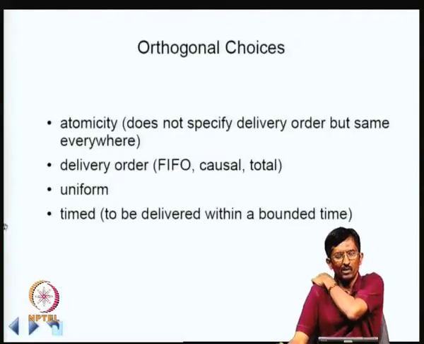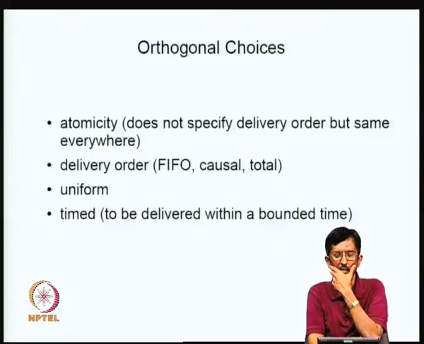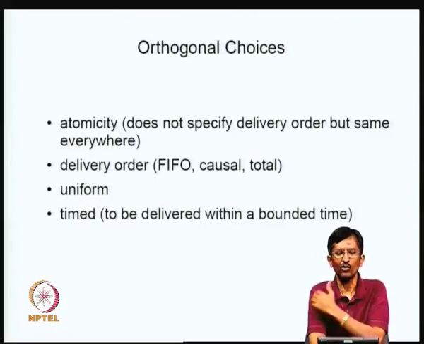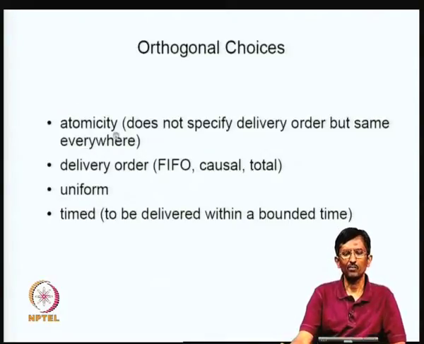So, now the important thing to notice is that there are a lot of orthogonal choices in your design of this kind of systems, messaging systems. For example, the failure atomicity does not specify delivery order, and you also want to ensure the delivery order, which could be FIFO, causal or total.